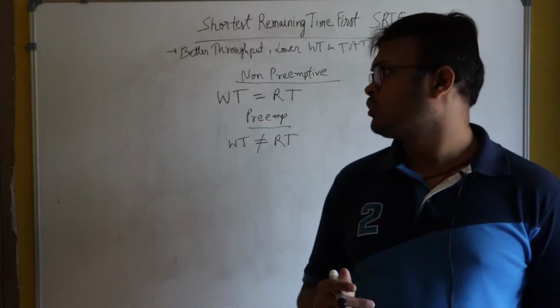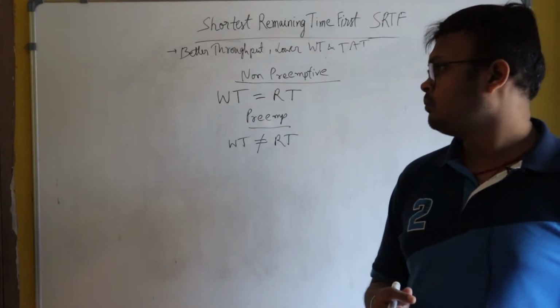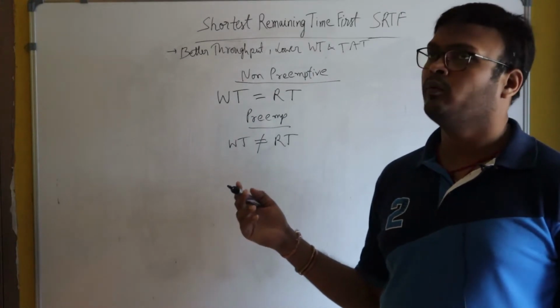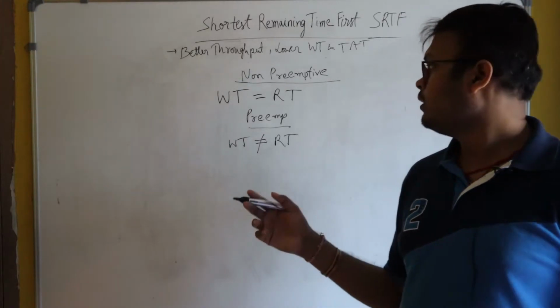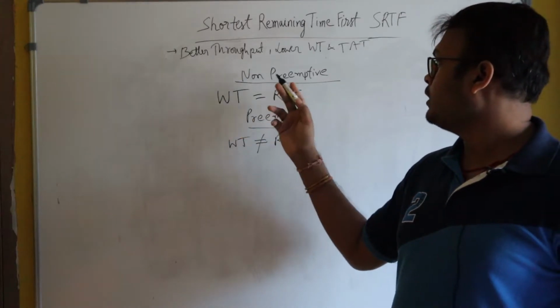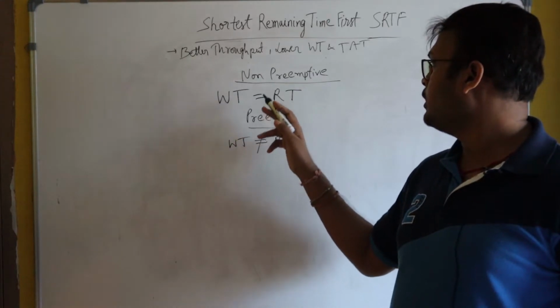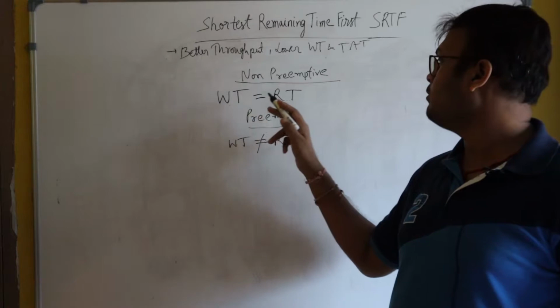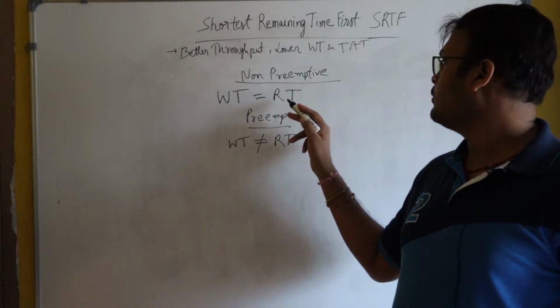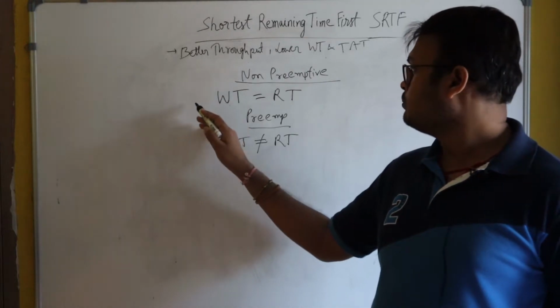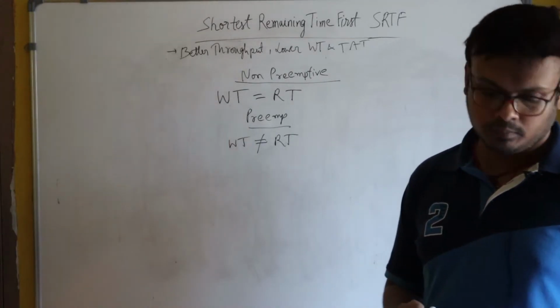They may ask questions where they give some options and ask which of these are correct. There may be an option saying that in case of a non-preemptive algorithm, waiting time is equal to response time. Then you should select this option.